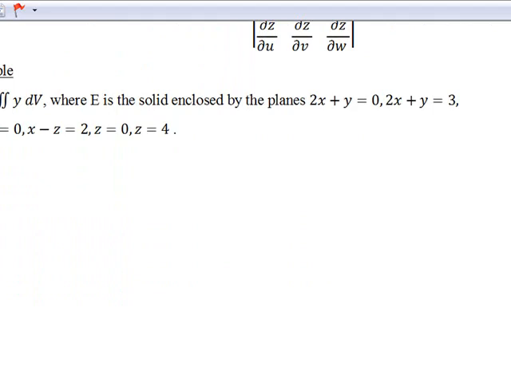Find the triple integral over E of y dV, where E is the solid enclosed by the planes 2x plus y equals 0, 2x plus y equals 3, x minus z equals 0, x minus z equals 2, z equals 0, z equals 4. Now the way it is set out for you, the transformations are clear. So our transformations are u equals 2x plus y, v equals x minus z, w equals z.